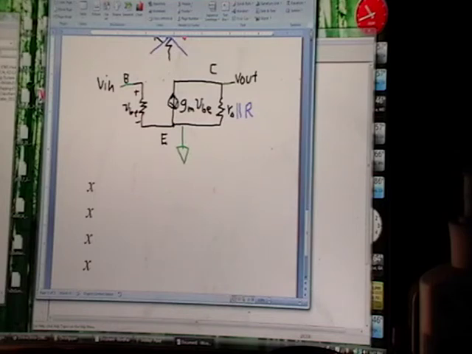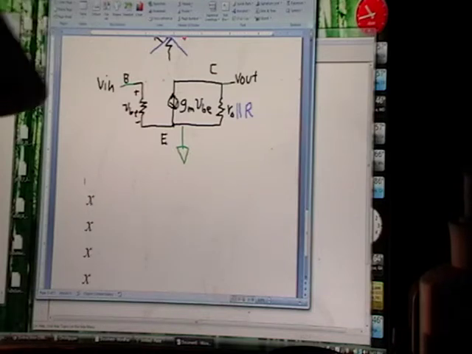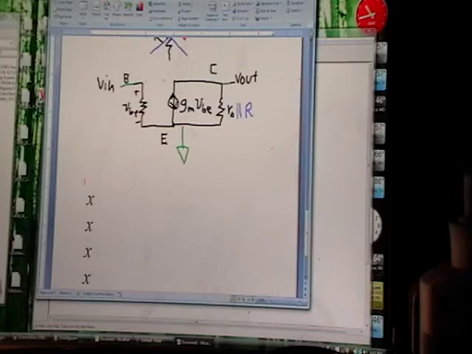And now we need to do KVL, KCL to figure out some important values. And since the next few topics we're going to do are loading, loading, and loading, to understand loading, you need to know RN and R out. And RN, just use this.